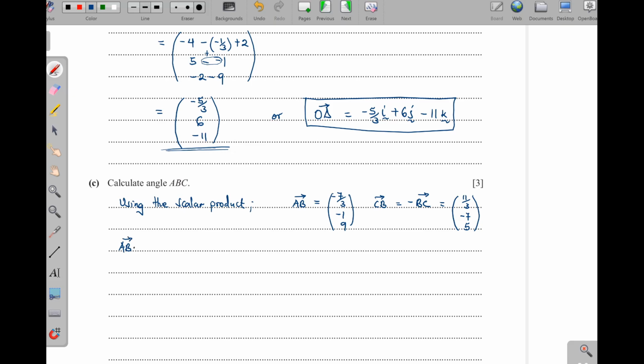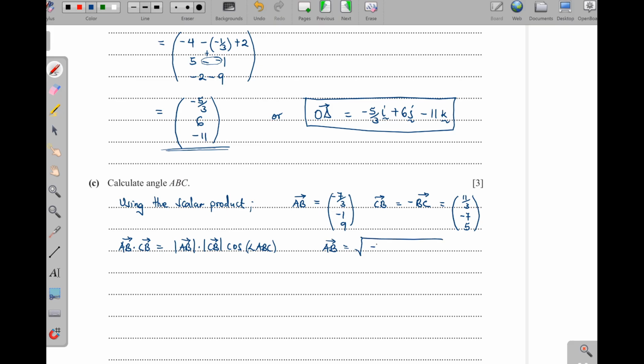We dot it with the CB. Then this one is equal to the modulus of AB, then times the modulus of CB, and then cosine of the angle in between, which is that angle ABC.